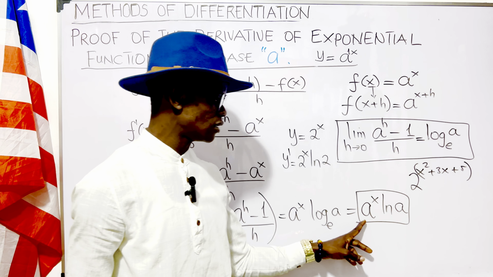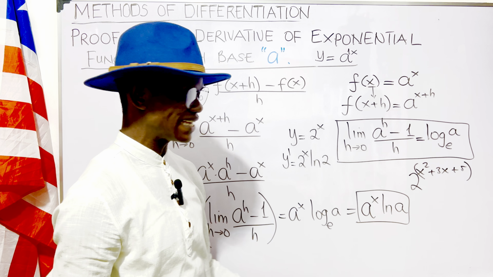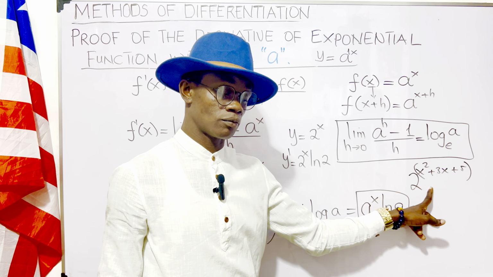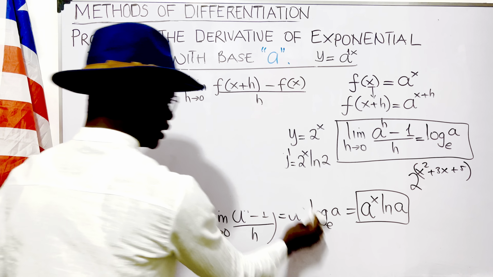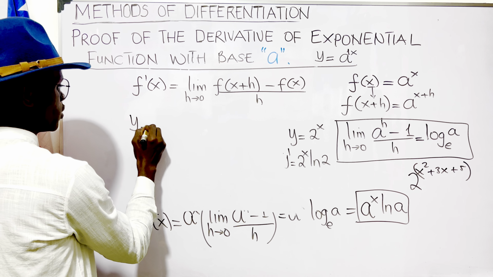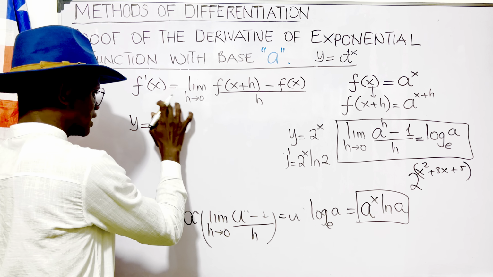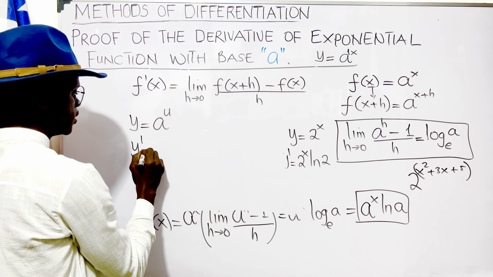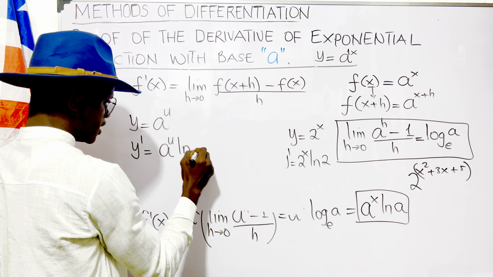Then you cannot just say 2 raised to this expression times ln of 2. What we need to attach to it to make the answer correct is the derivative of this particular function. So in general, whenever you have to find the derivative of an exponential function with base a, like y equals a raised to the power u, where the exponent is a general function u, then y prime would be equal to a raised to the power u times ln of a.